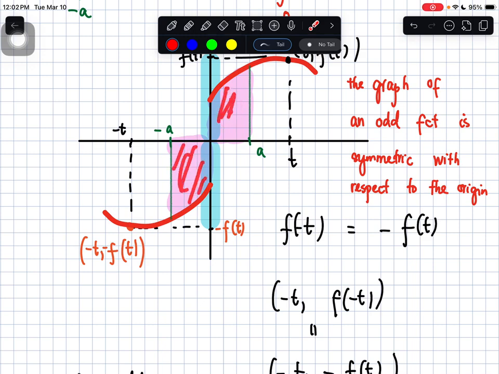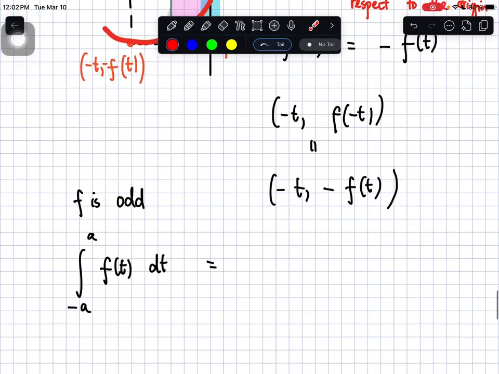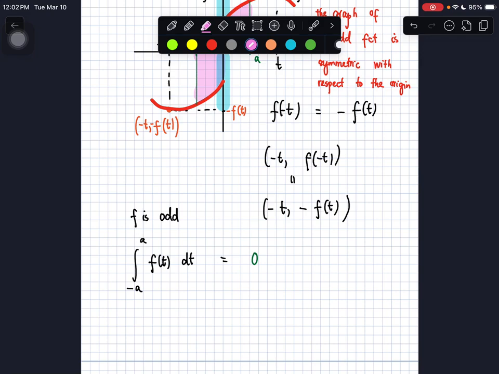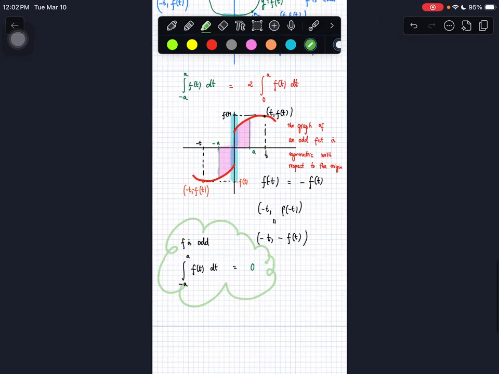They cover the same area, the only difference is the sign, one above, one below the x-axis or the t-axis. So this one is minus this one, so this is 0. So this is also a nice property we should know. If f is odd, the integral here is 0.